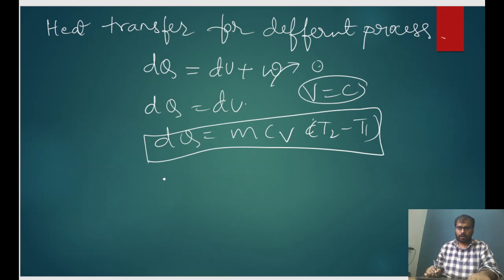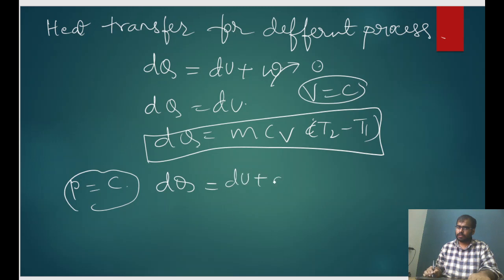Okay, the formula for heat transfer for the constant pressure process. dQ is equal to dU plus dW. Here work done is there, so we take displacement work P dV.